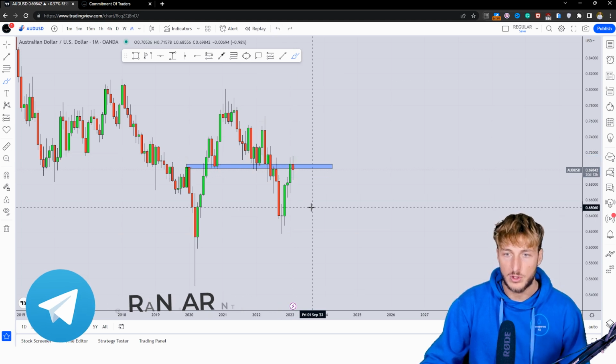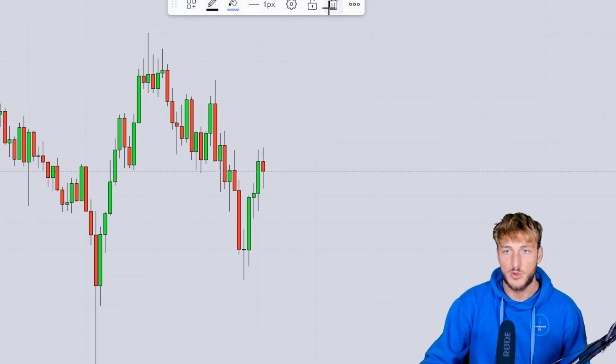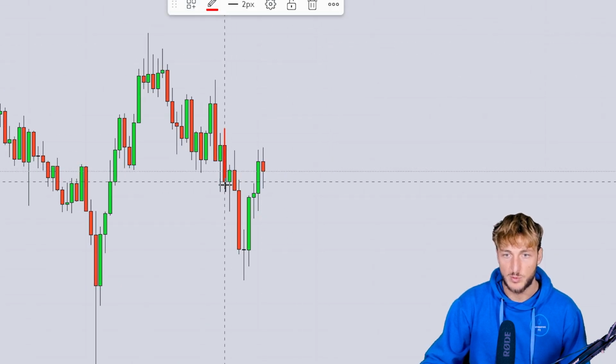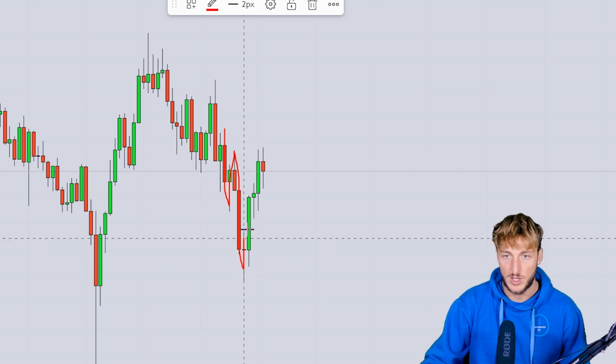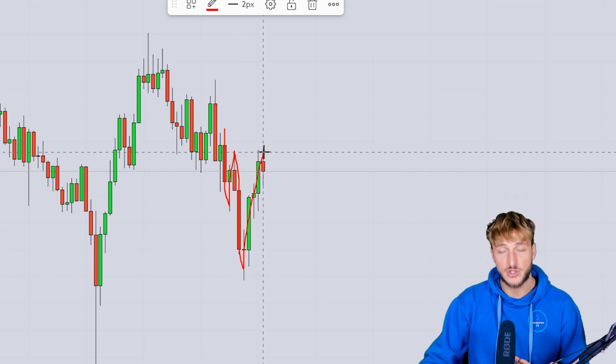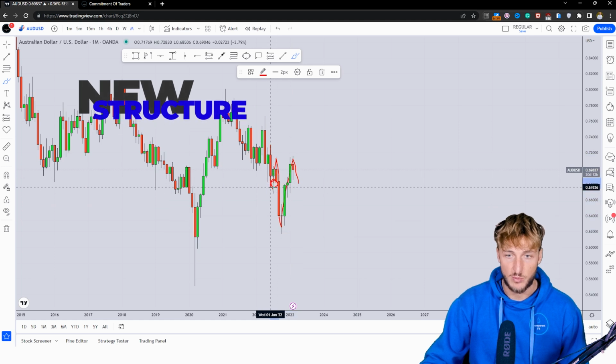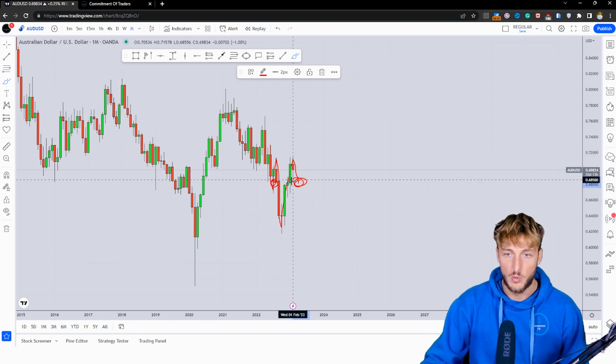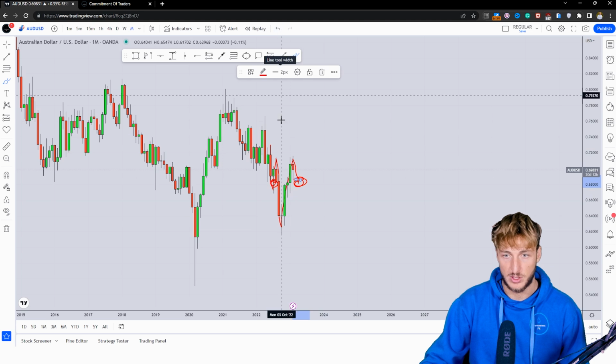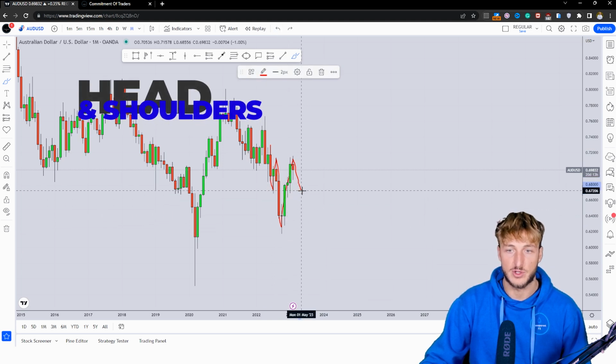However, if we look closer, we can see how the last movement that the market created when it made this move to the downside, correction, break below, break back above, actually has created new structure, which is this level here, which is now previous support, which is now once again acting as support here. There is also the possibility for the market to create an inverted head and shoulders.